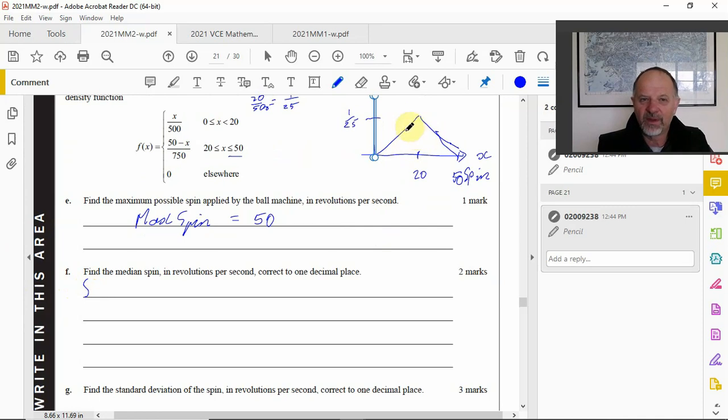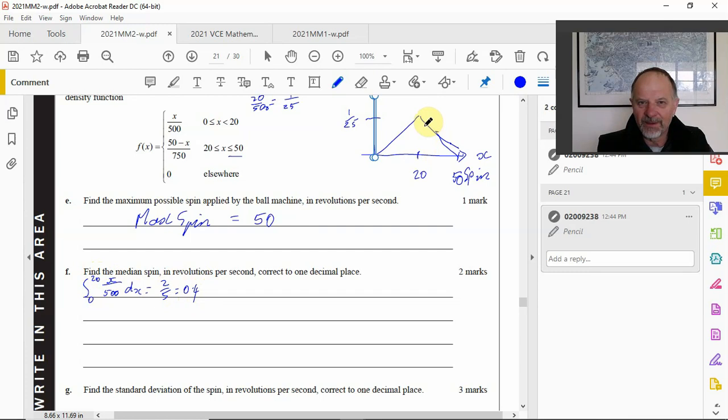If we work out this area in here, we can work it out in a couple of different ways. One of them is the integral, 0 to 20, x on 500 dx. And if you work that out, you get 2/5, which is 0.4. So that's not where the median is.